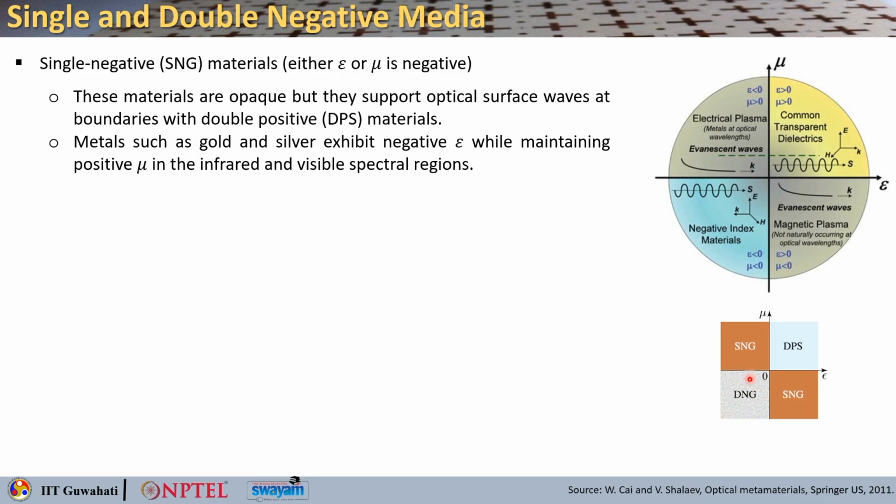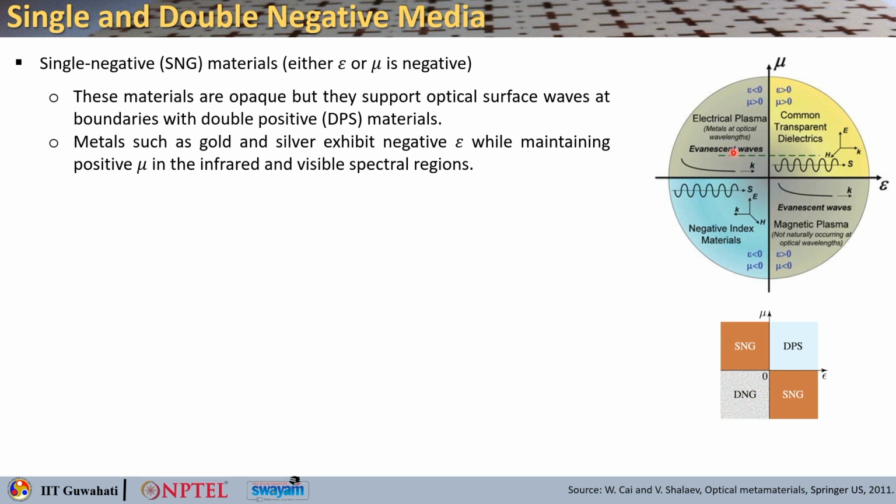Those are the second and the fourth quadrants. These materials are opaque, but they support optical surface waves at boundaries with double positive material, which are the common transparent dielectrics, the first quadrant materials.